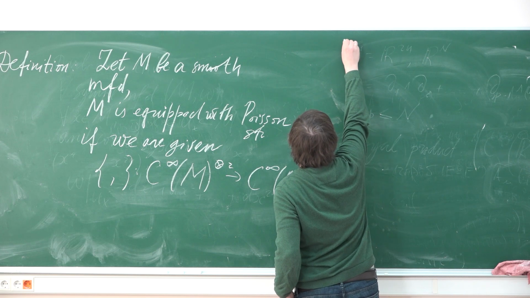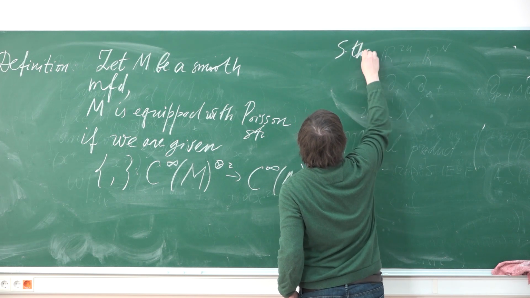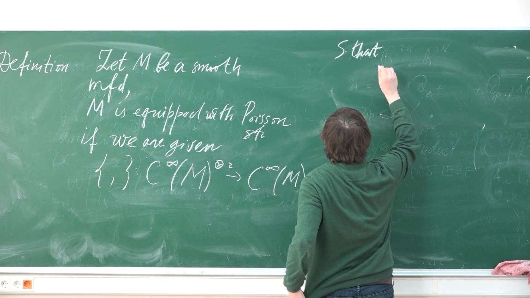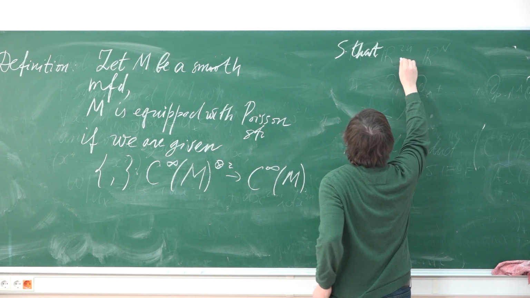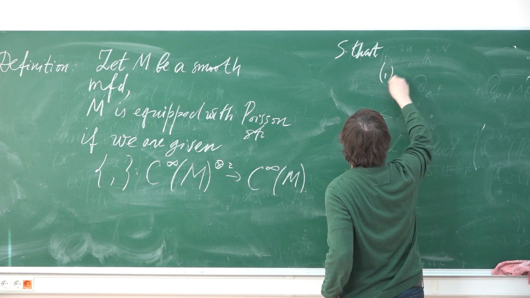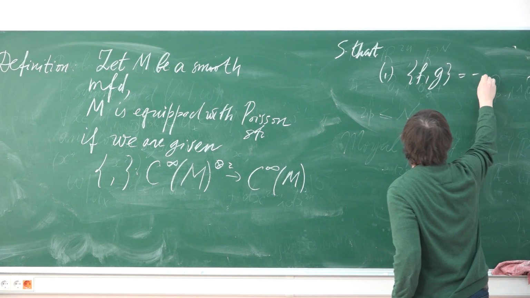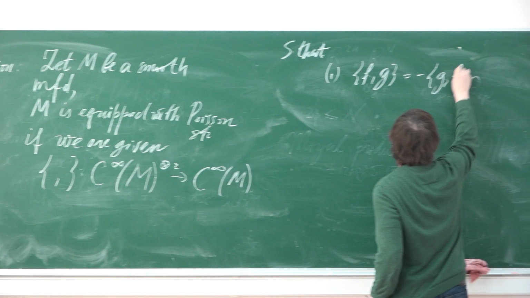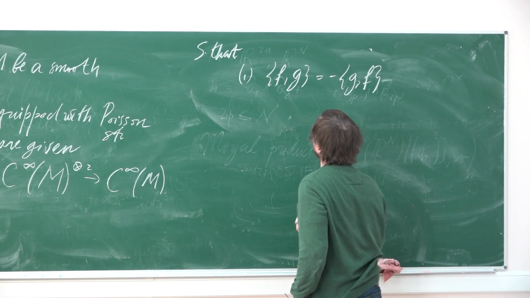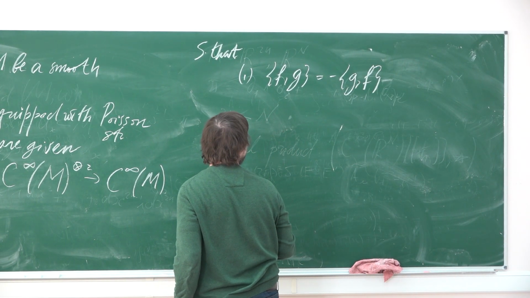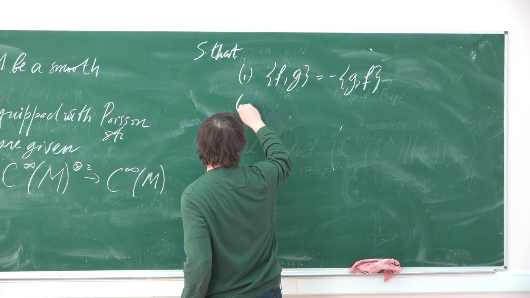First, the bracket of f and g is equal to minus the bracket of g and f; this is the standard skew-symmetry condition.